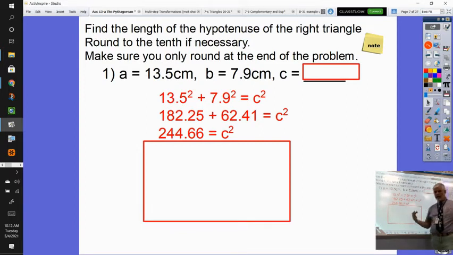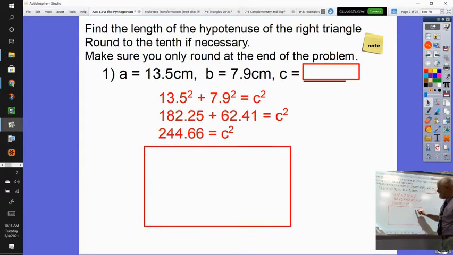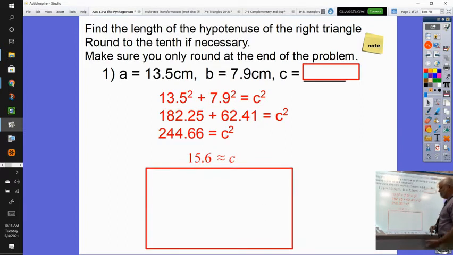And hopefully in your calculator, you remember how to do square roots. Some calculators do them differently than others. And this square root comes out to a crazy long decimal. So let me go with my handy dandy calculator and see what it actually is.